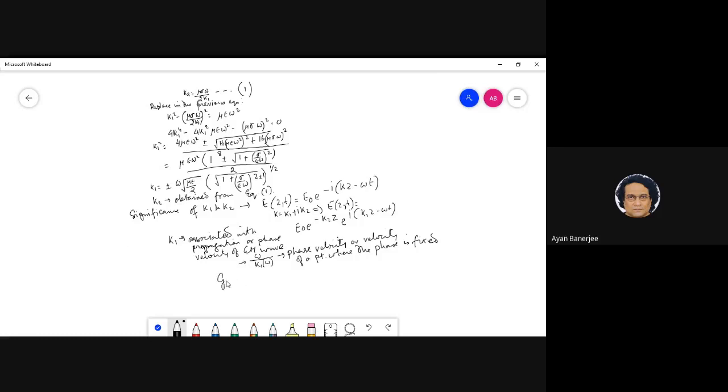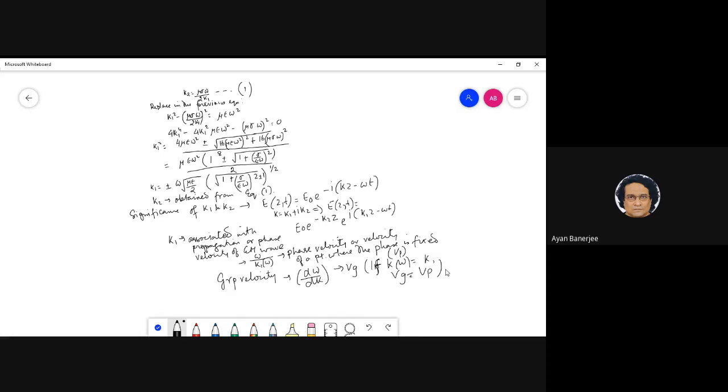Group velocity is d omega by dk. And in the absence of dispersion, obviously Vg and Vp are the same. And this is Vp. If omega is proportional to K, then Vg equal to Vp. But if it is dispersive, then obviously things will change.